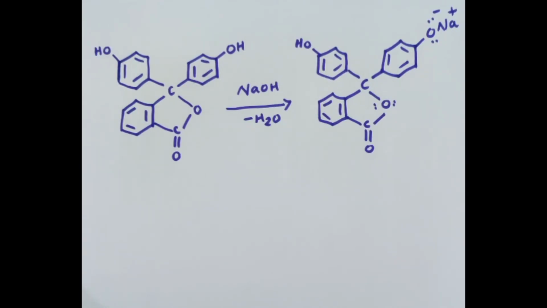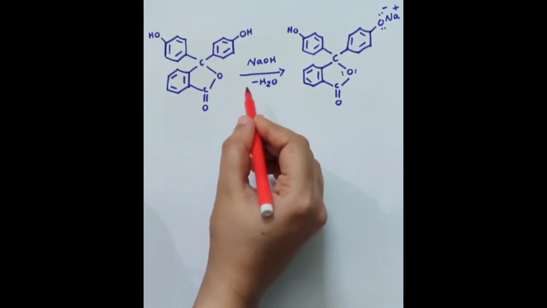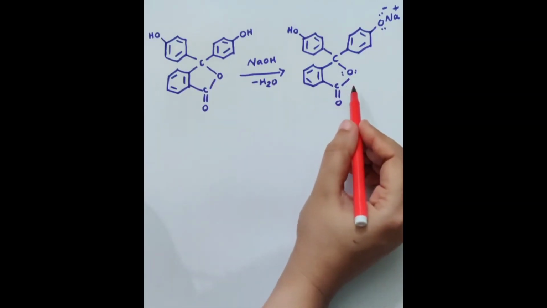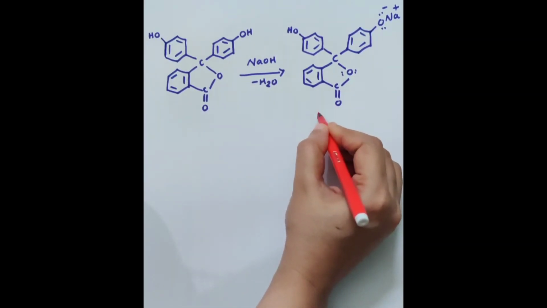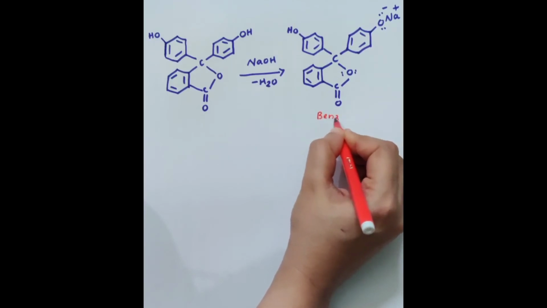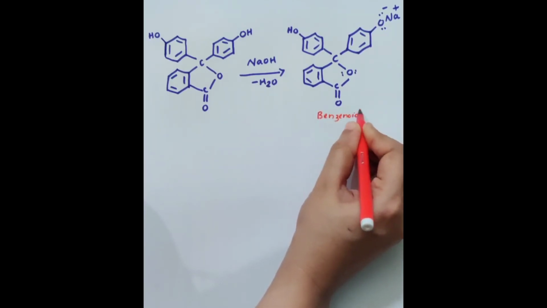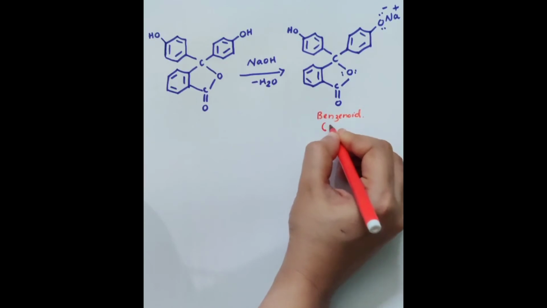First, when phenolphthalein is treated with alkali, that is NaOH, it turns red. After that, if we add an excess amount of NaOH, it turns colorless. On addition of NaOH, elimination of H2O occurs, forming this product, which is the benzenoid form and is colorless.